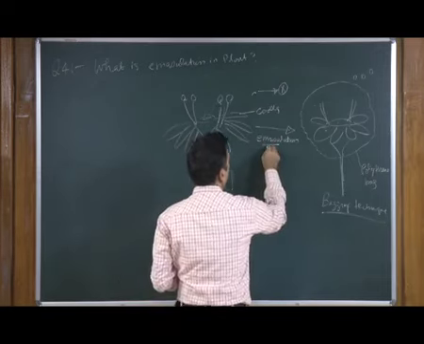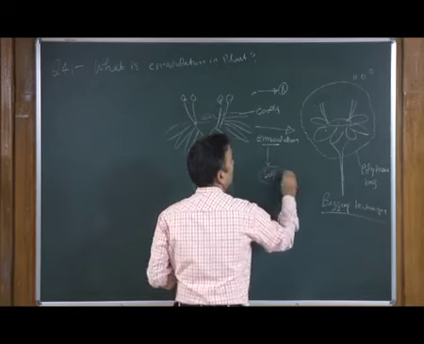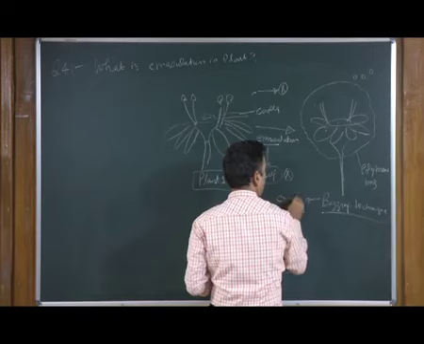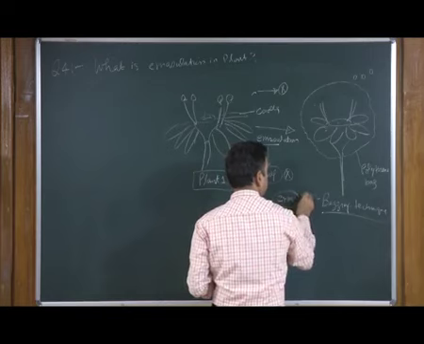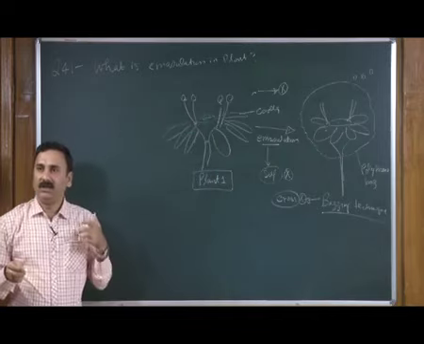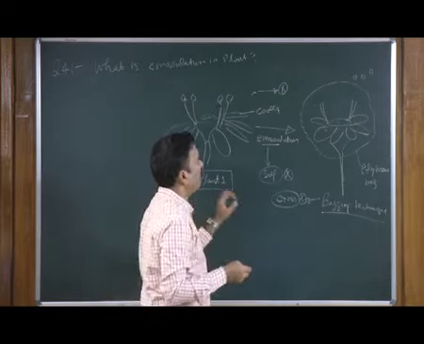By emasculation you have prevented self pollination, and by the bagging technique you have prevented cross pollination. Now this flower is ready to receive new pollen grains, and that new pollen you can take from plant 2.